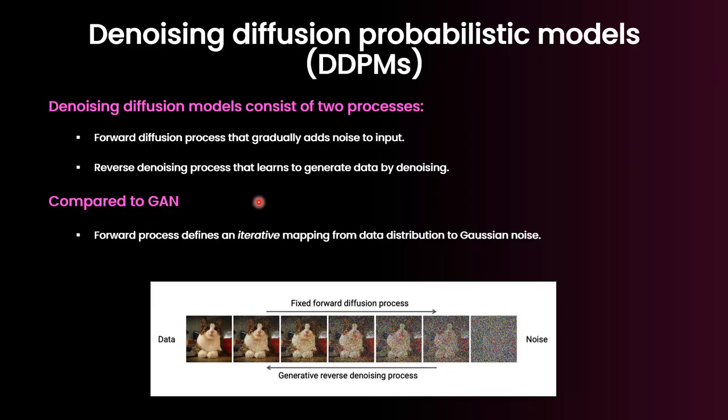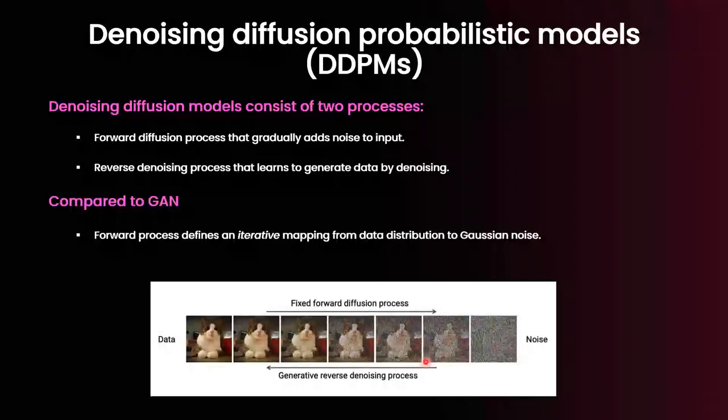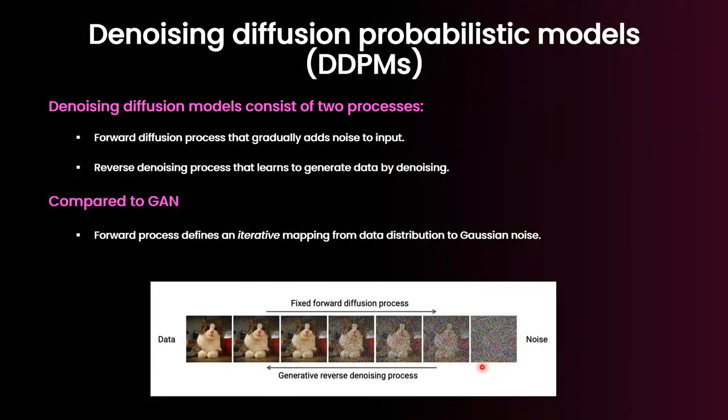In the forward process, which I will explain in detail, the process is iterative. I am iteratively, over multiple steps, adding noise to the input image. The difference is that in GAN you do it in one step.